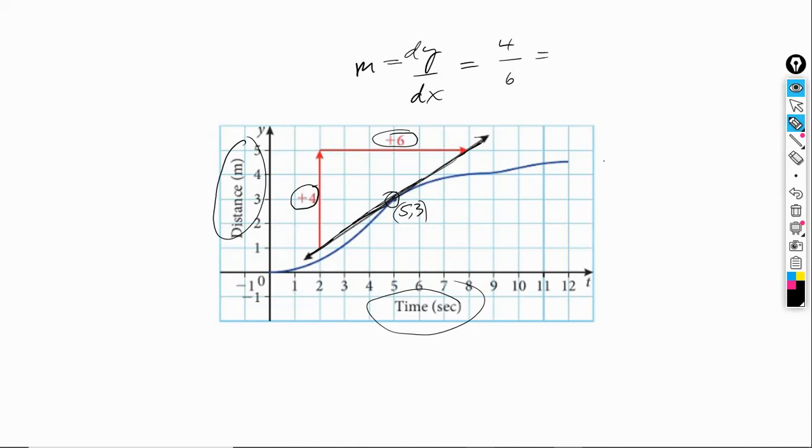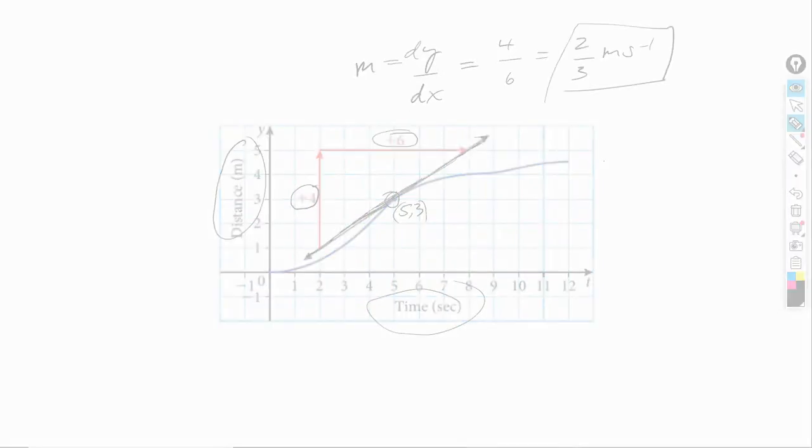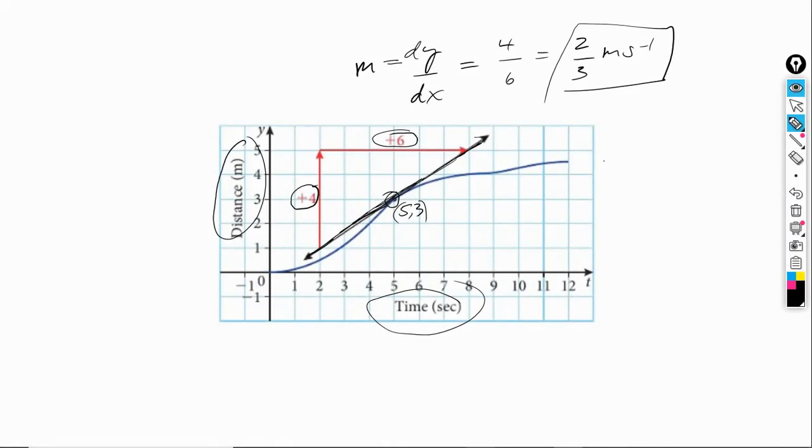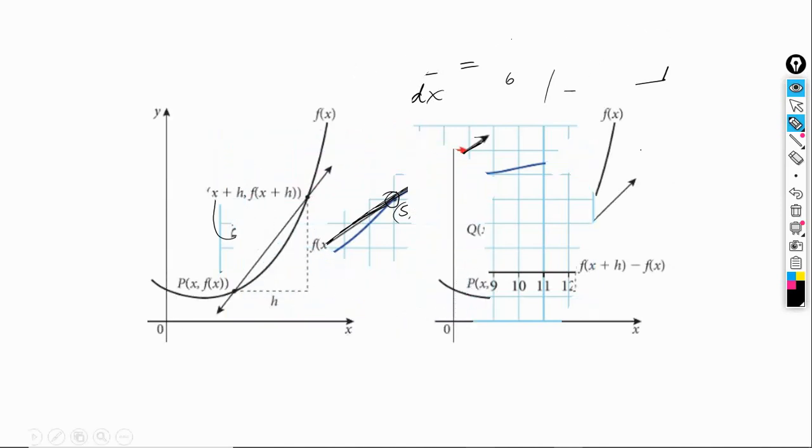And then we can divide these two by 2 and we get 2/3. So it's going to be 2/3 meters per second. So we can conclude that at exactly 5 seconds, the instantaneous rate of change of this particle was 2/3 meters per second. So the instantaneous rate of change here is an instantaneous velocity.